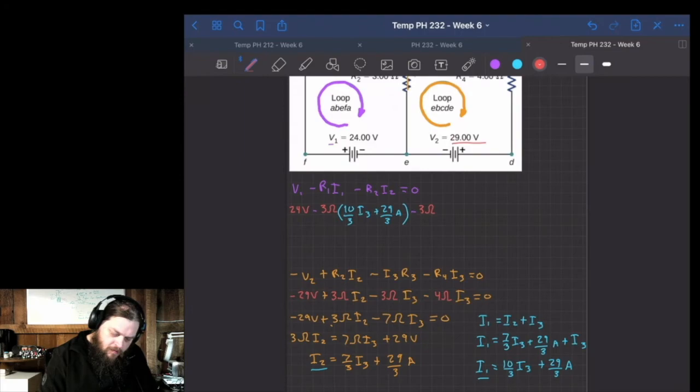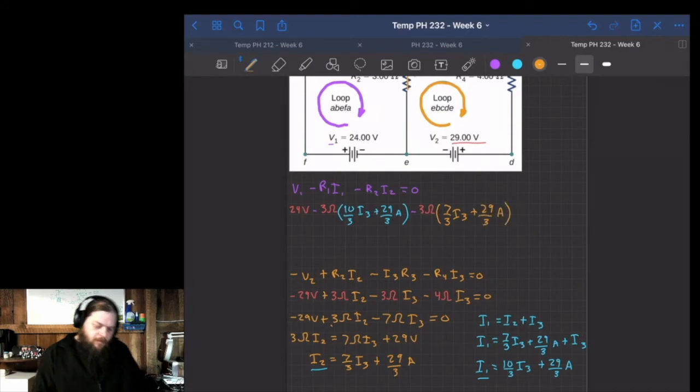So here we are. I want to multiply that times 7/3 I3 plus 29 over 3 amps. And that all should equal 0. So I'm just substituting in for I2 and I1 into this equation.